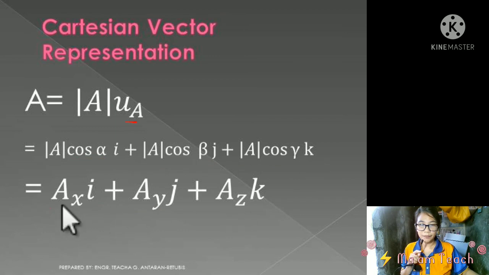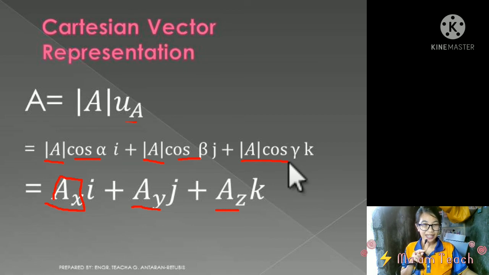Look closely, which means that you'll be able to solve for your x component by simply multiplying your magnitude to your cosine alpha. And your y component by multiplying your magnitude to your cosine beta. And your z component by multiplying your magnitude to your cosine gamma.